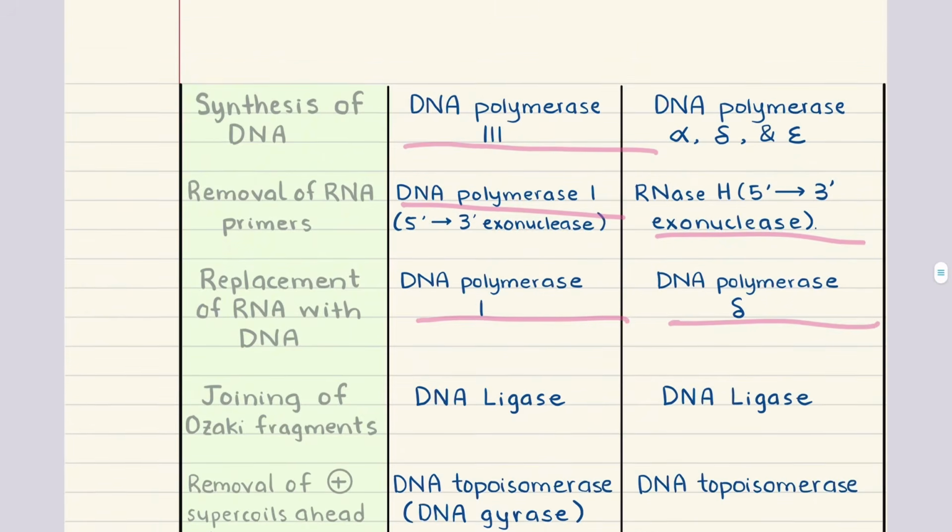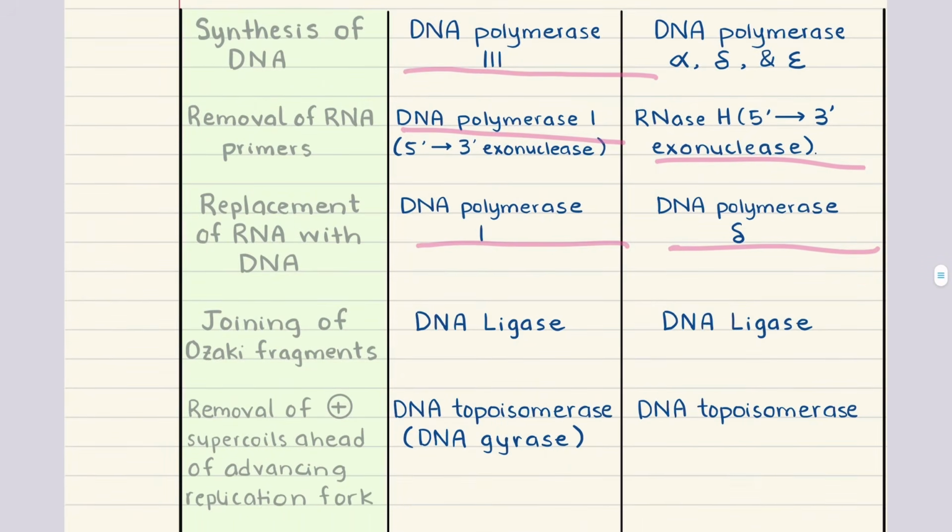Next, those small segments of newly made DNA, especially on the lagging strand, need to be joined together. These fragments are called Okazaki fragments, and the enzyme that seals them is called DNA ligase. DNA ligase forms phosphodiester bonds between adjacent fragments to complete the strand.